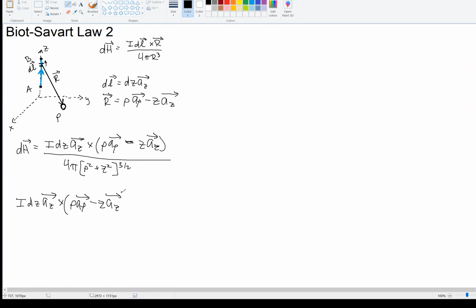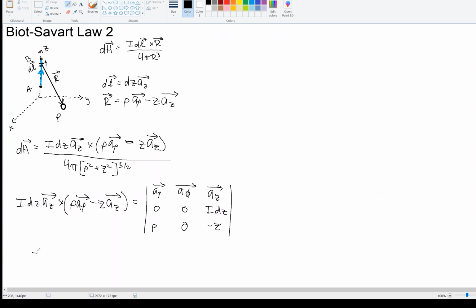I'm going to compute this cross product in cylindrical coordinates, of course. So I need a rho up here, a phi, a z. This is 0, 0, and then I dz, and then rho, 0, negative z, like that.